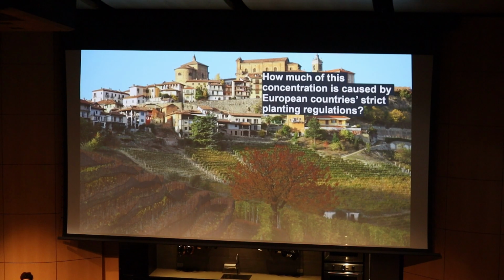And that leads us to policy-relevant questions like this one. How much of this concentration is caused by European countries with strict planting regulations? And the answer is not a lot. There does not seem to be an association between how concentrated countries are and the right that growers have of choosing the wine grape varieties, or even in having the right to plant.